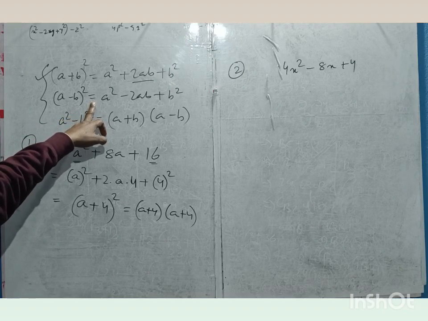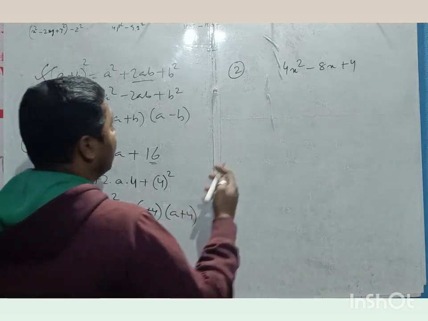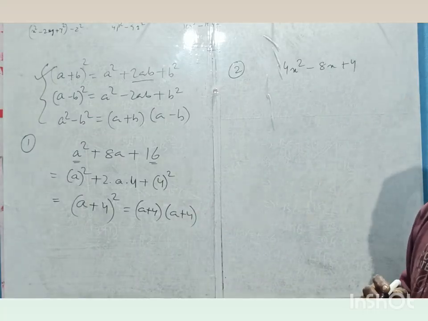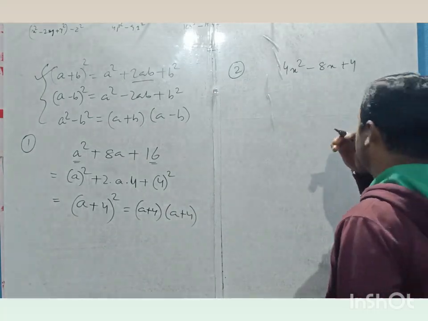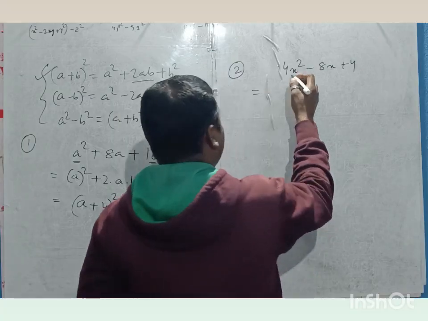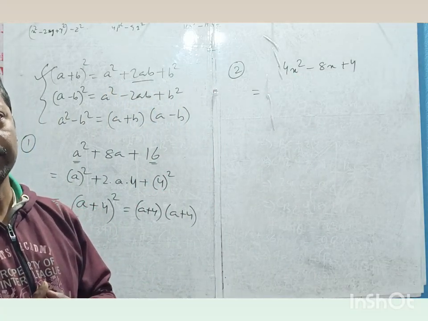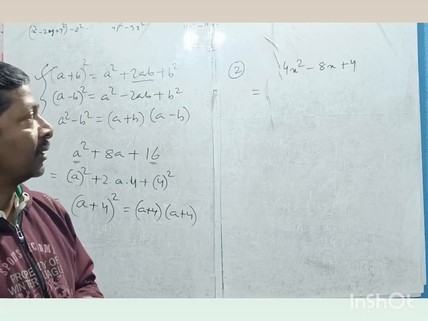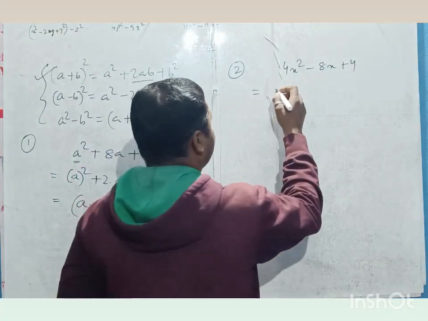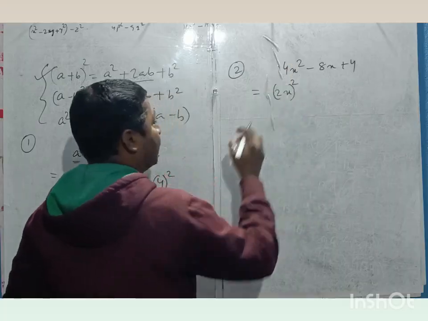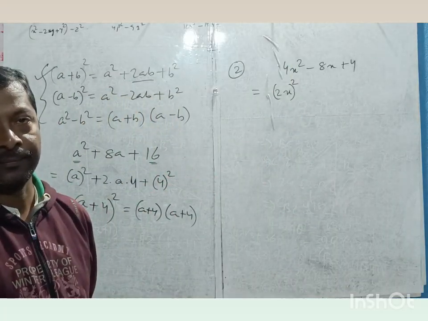Okay, you are right, because a minus term is there. So let's check whether it will be 2ab or not. 4x square will be which term's square? What can I write inside the bracket? 2x. 2 square 4, x square, x square.